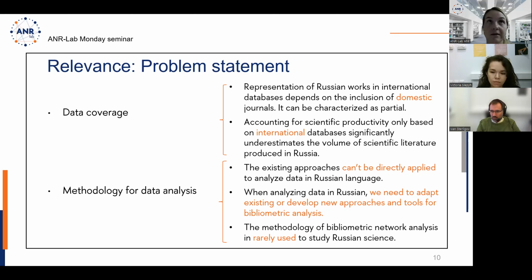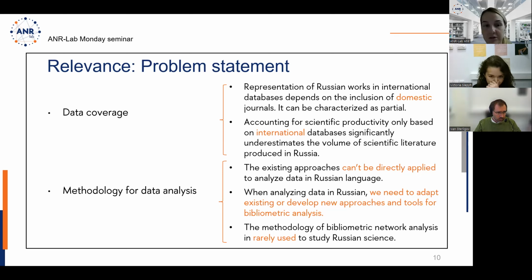And also another kind of side effect of these methodological questions is that the methodology of bibliometric network analysis is very rarely used to study Russian science, and we do not see a lot of studies, at least in Russian journals, which would use this methodology and which would describe some fields based on Russian literature, or even based on international data sets.